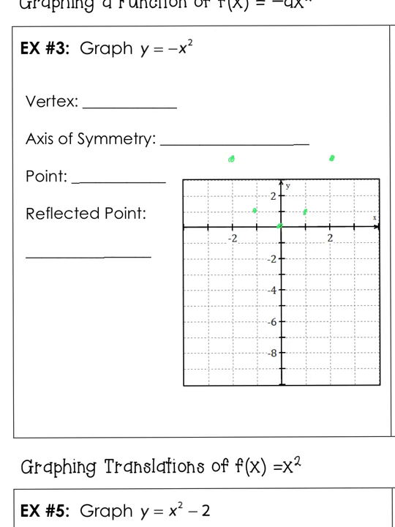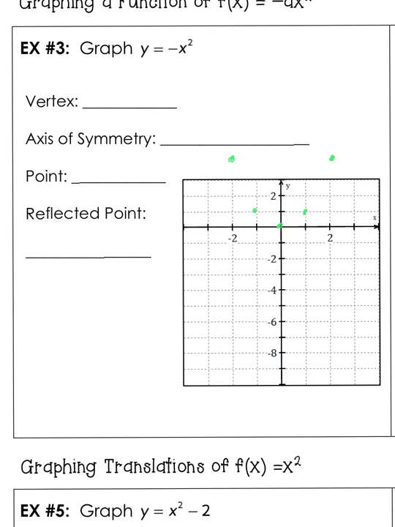Okay, so that's where my parent function is. You're going to see it reflecting this way. So the vertex is going to stay there because the line of reflection is the x-axis. This point is going to move here, and this point down to here, because those are equal distances. Because we don't have any stretch or shrink, just a reflection.